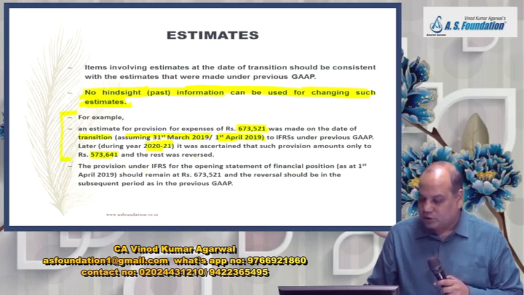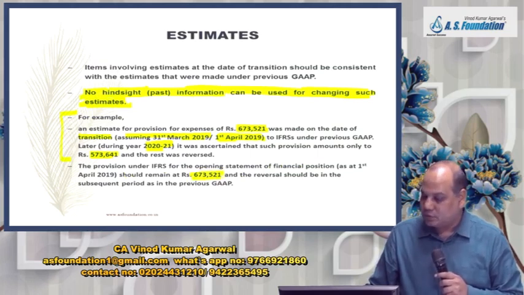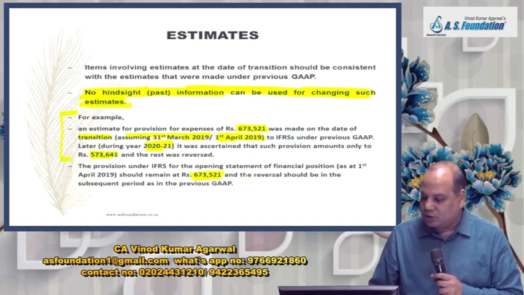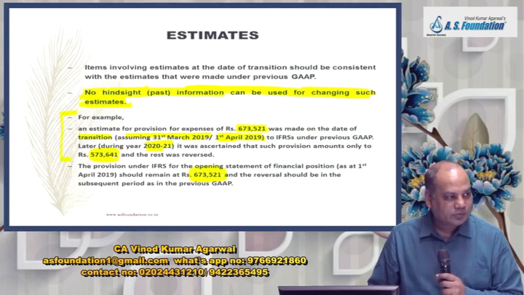So what you will say, the provision under IFRS for the opening statement of financial position as on 1/4/19 should remain at 673,521 only. So when you will prepare the opening SOFP, this figure only you will take. Although you have known by the end of 31st March 2021 that my actual amount was 573,641.